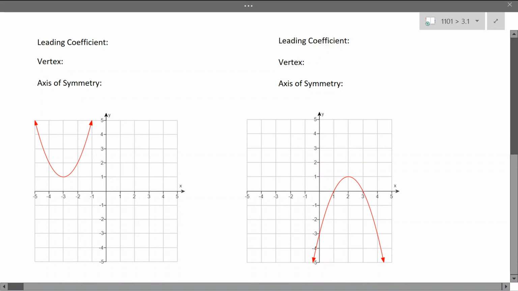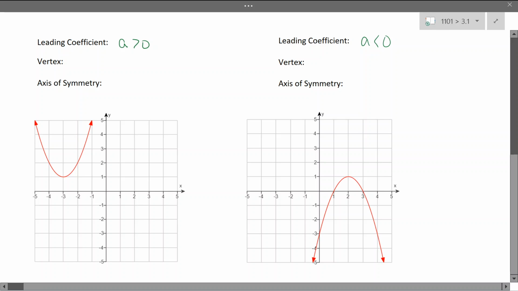In our first example, we can see that our parabola opens upward, telling us that our leading coefficient a is positive. And in our second example, we can see that our leading coefficient will be negative because our parabola opens downward.